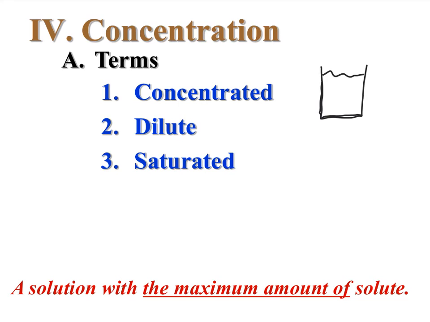When you've reached that maximum, it's called saturated. Max is maximum concentration. So this is the most you can fit into this water. It's concentrated if there's a lot of solute. It's diluted if there's less solute. It's saturated if it has the maximum amount of solute. All right.